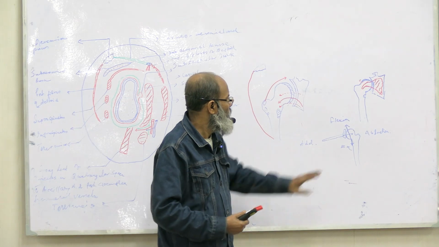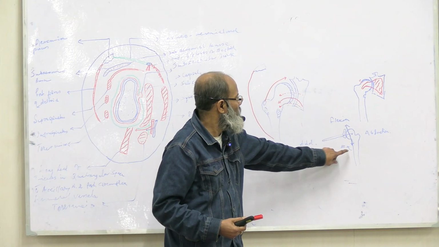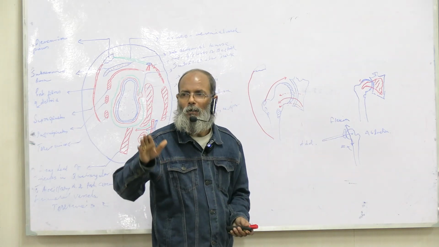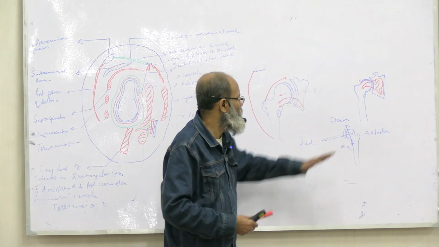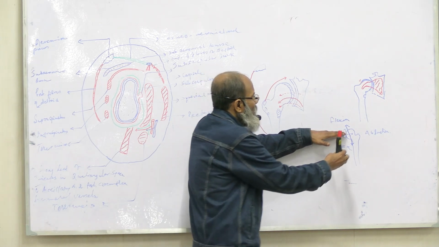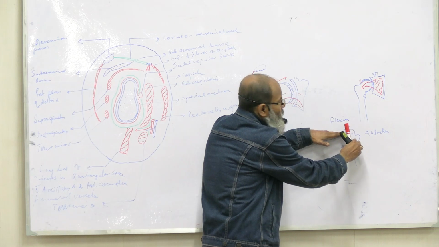You see, this is flexion. This is extension. This occurs perpendicular to the plane of the body. This is the surface of the body of the scapula, and flexion and extension are occurring in this plane, so it is 90 degrees to this plane.